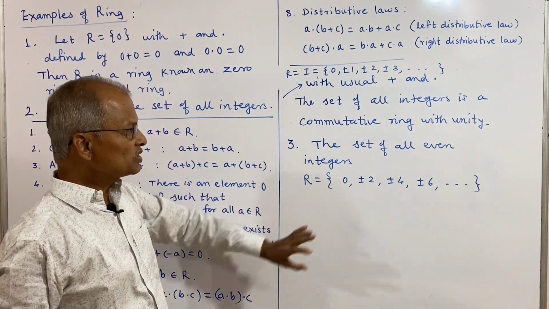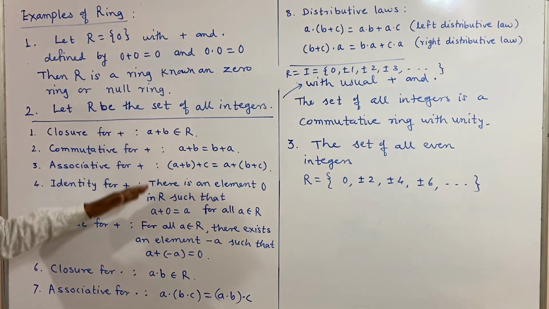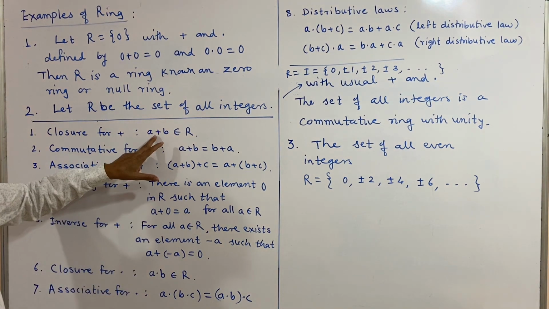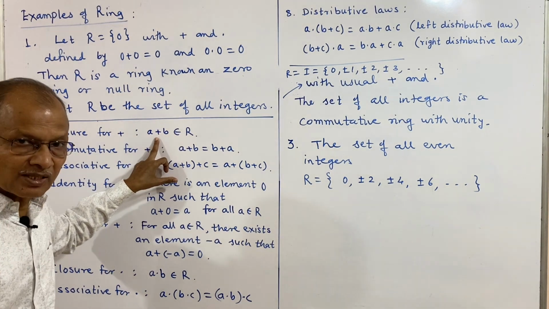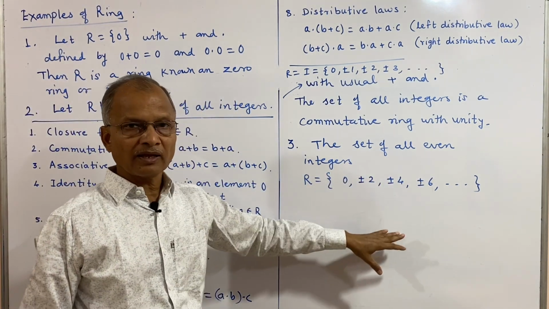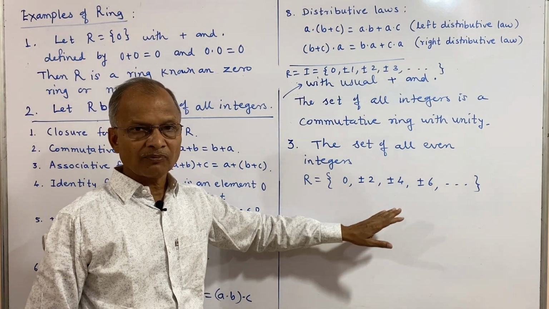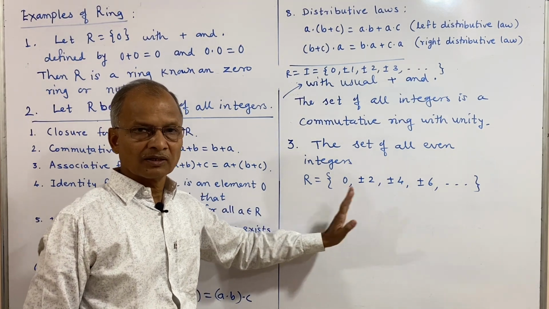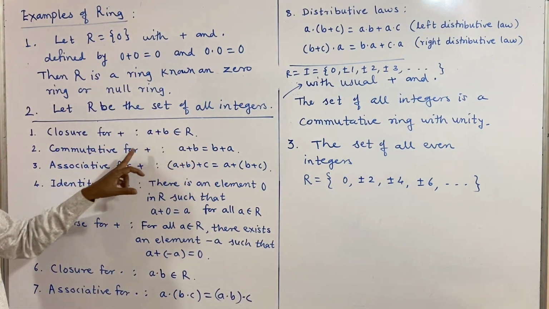So whether this forms a ring or not, we may see if all these properties hold. For closure for plus, how to check this property? Whether the sum of two even integers is again an even integer. Yes, the sum of two even integers is an even integer, and therefore the closure property holds.